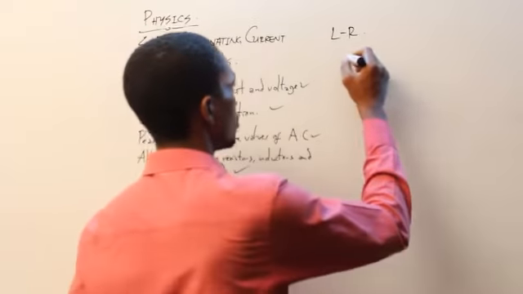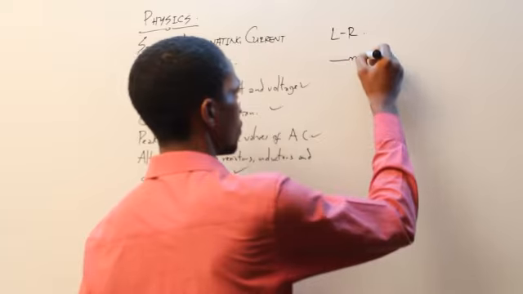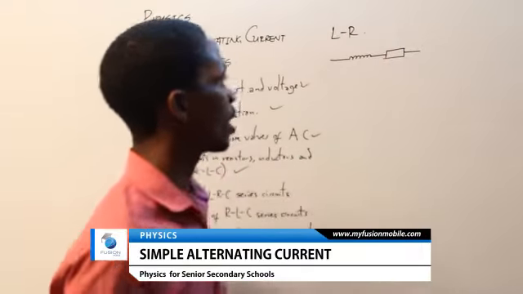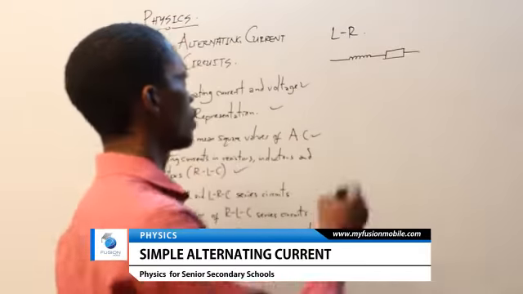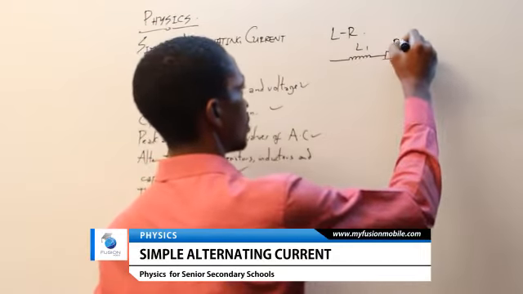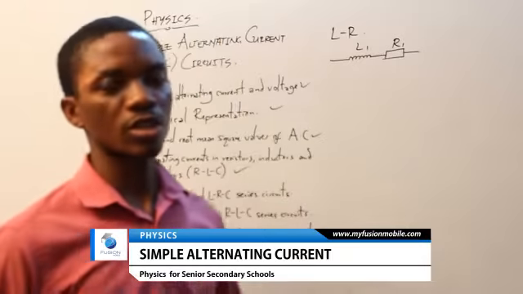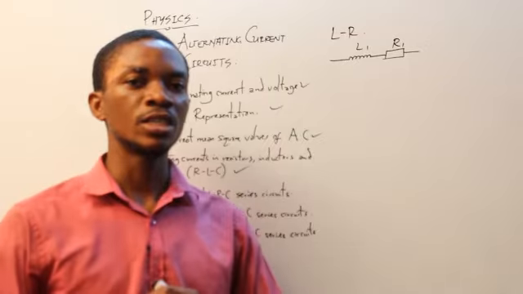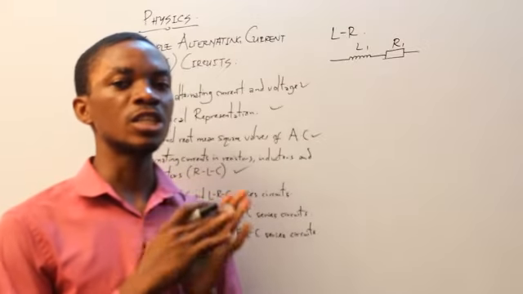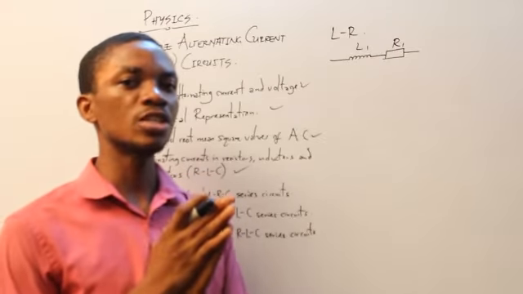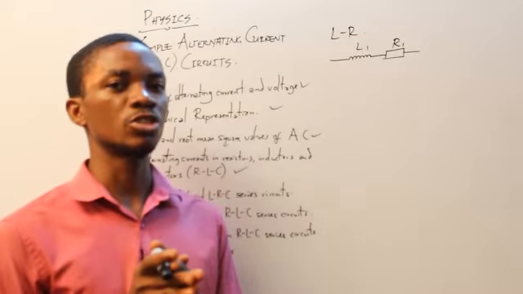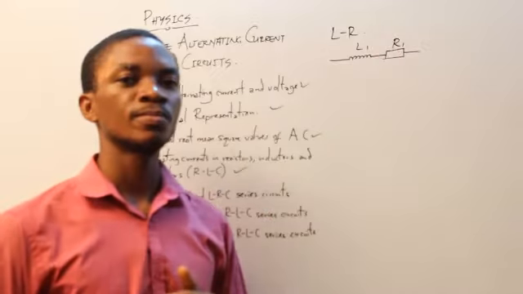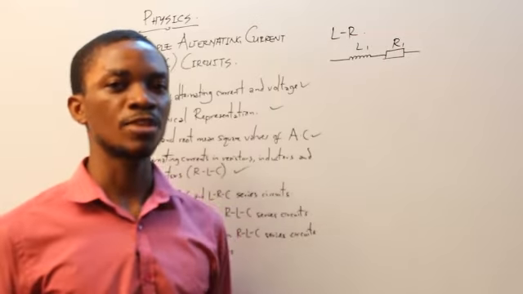In the LR circuit, we'll have the connection of an inductor to a resistor. Of course, we know that in the inductor, voltage and current are 90 degrees out of phase, and in the resistor, current and voltage are in the same phase.